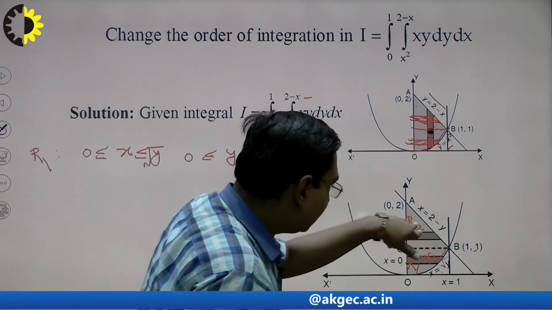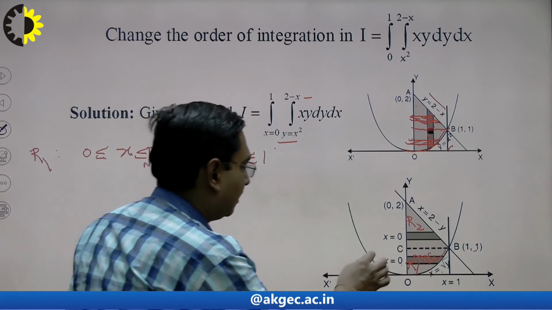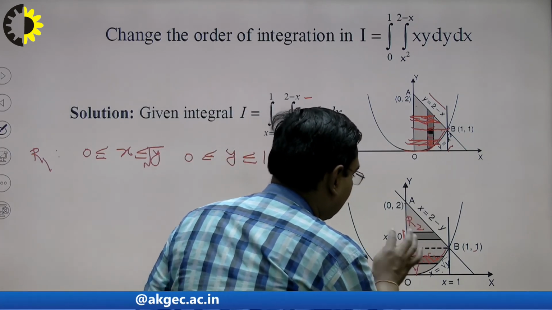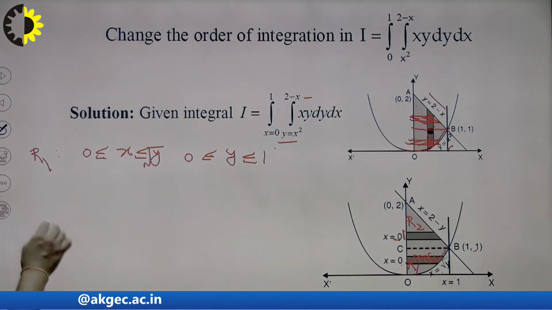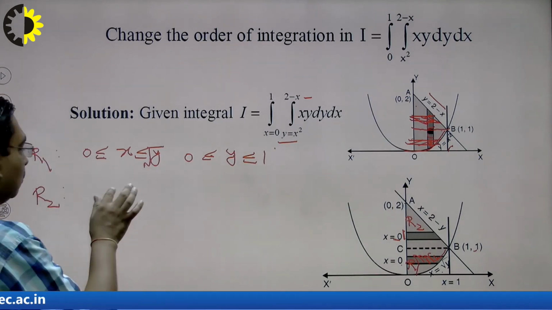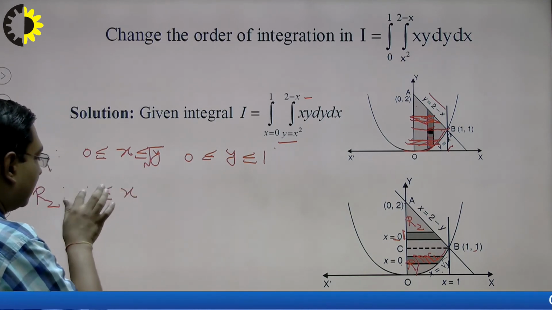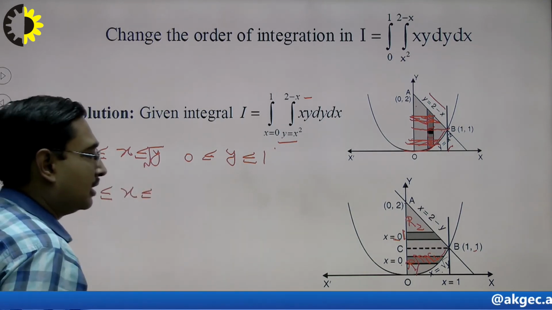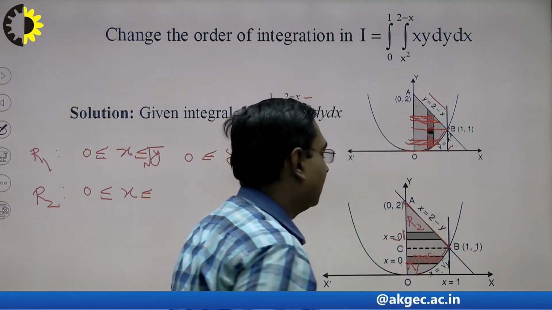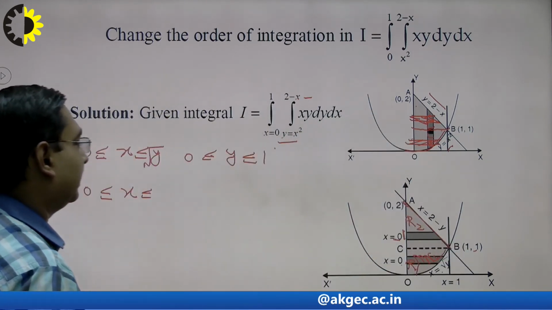For this region R2, the lowest point or leftmost point of the slice is lying again on the y axis. So, on R2, x is greater than or equal to 0, and less than or equal to 2 minus y, because on this line the value of x is 2 minus y.